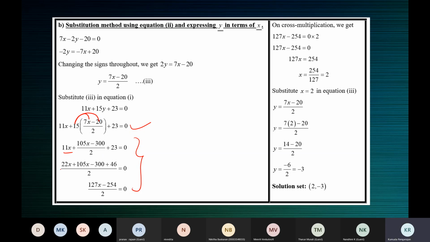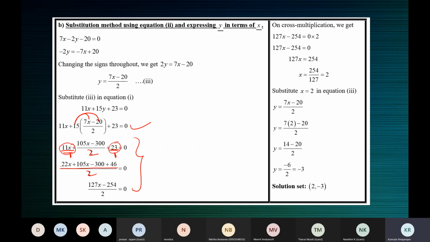Then take up the LCM. 2's LCM. Here the denominator is 1, here also the denominator is 1, so this will become 22x.